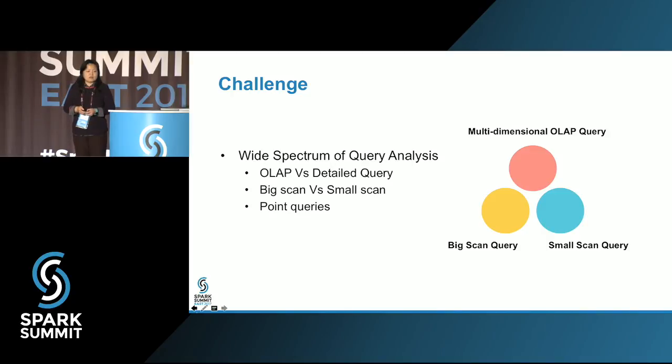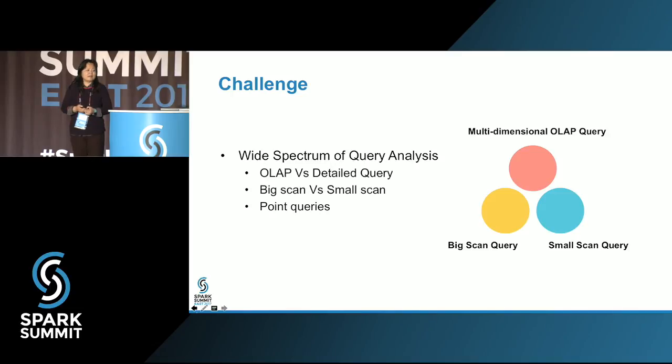In general, they still prefer or require very low latency on a wide spectrum of query analysis. From OLAP type of queries, which involve joins and aggregations, versus detailed queries, which might fetch many columns out of wide tables.